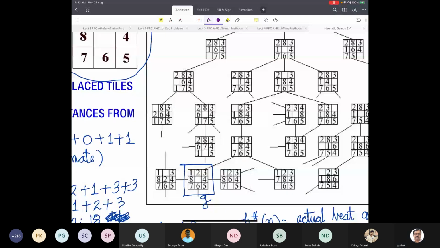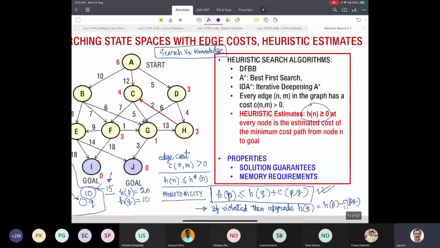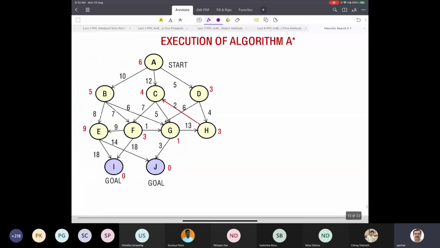I am giving you a general algorithm. In that general algorithm, I am telling you that for every state space definition, for every new different problem, there is a heuristic function Hn given to you. And when we solve this, we are solving it for a general case of a graph like this. We are not solving it for a particular problem.